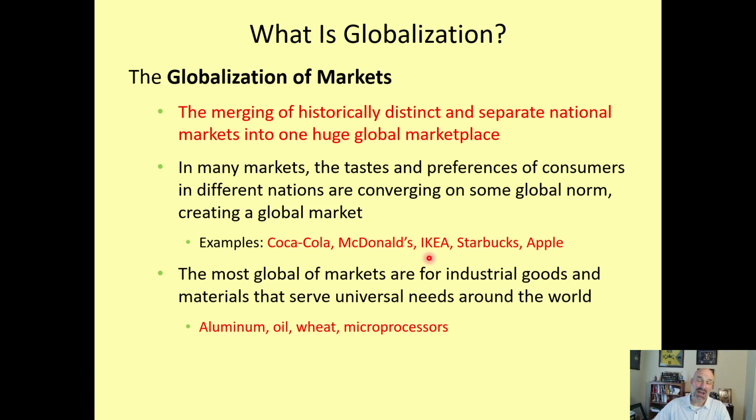IKEA, for example, is not a US-based company, but they operate globally. And it's not just the finished products as you see here. It's also some of these commodities, things needed to produce things that are going to be sold in various markets.